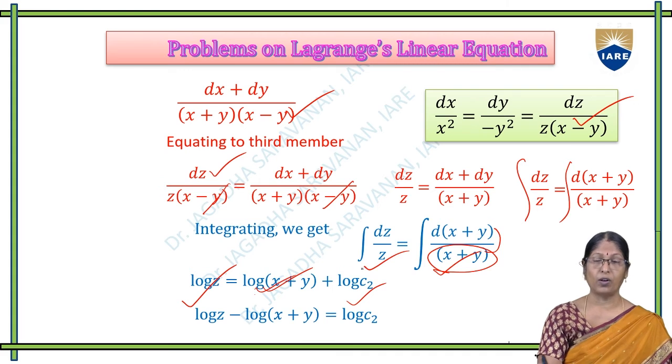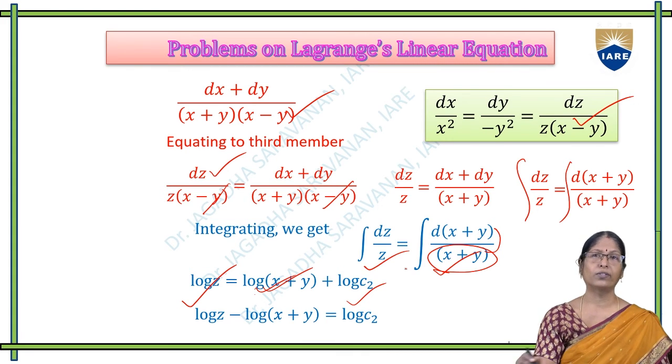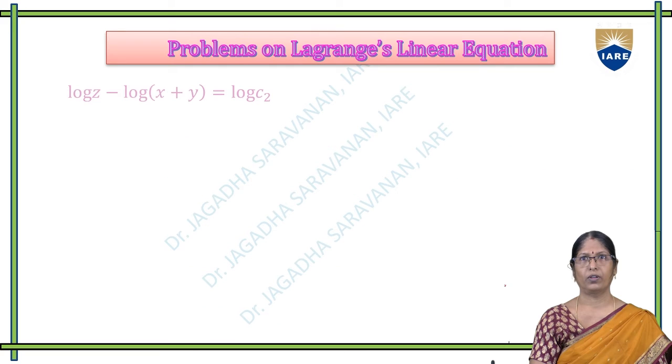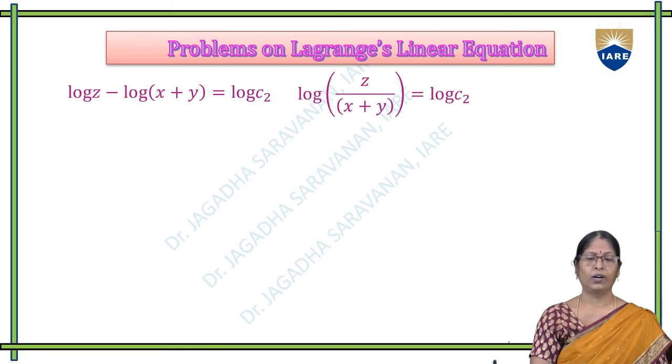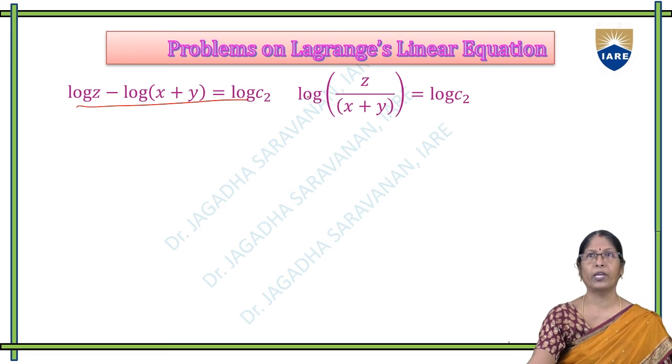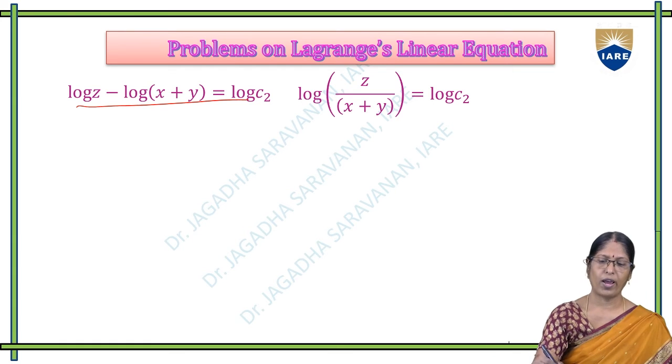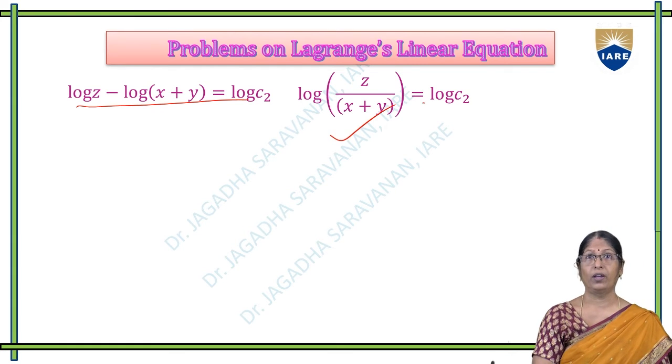Just we brought log(x + y) to the left position, we obtained log z − log(x + y) = log c2. So now this is in the format of the logarithmic formula, log a − log b = log(a/b), equal to log c2.